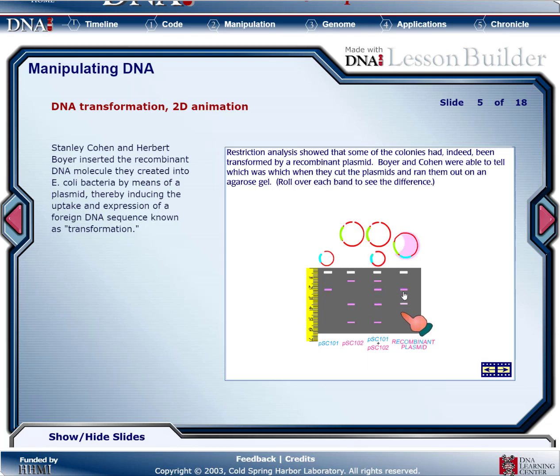Then we have the blue and red. Over here is just all the blue and red on that small one. And over here as well. Up here is all red. And that's that. So here's just the pSC101. pSC102.